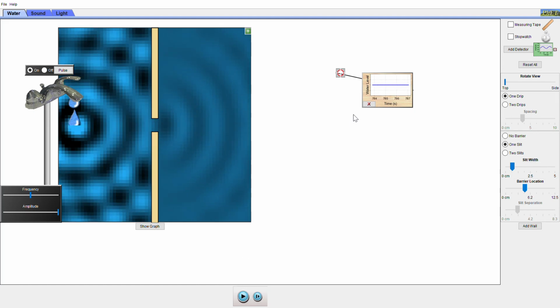And number 15 asks you to draw the patterns you observe again on both sides of the barrier, this time with a smaller gap and a lower frequency. Because there is a relationship between wavelength and the size of the gap that the waves are moving through. So see if you can figure out just from your observations here what that relationship is.